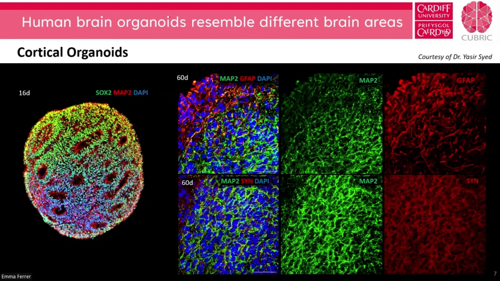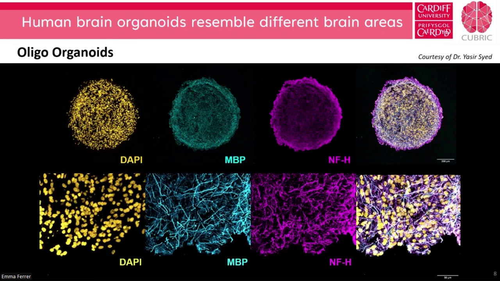These are just examples. On the top row, you have a healthy organoid. On the bottom row, it's affected by Lewy body disease. This means the cells were taken from an individual with Lewy body disease, and it developed synuclein accumulation, which is a typical hallmark of dementia and Lewy body disease.